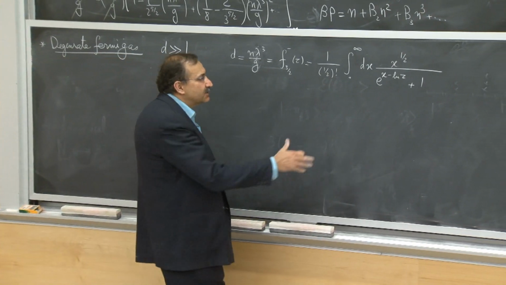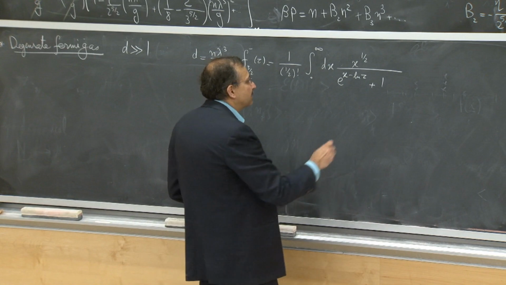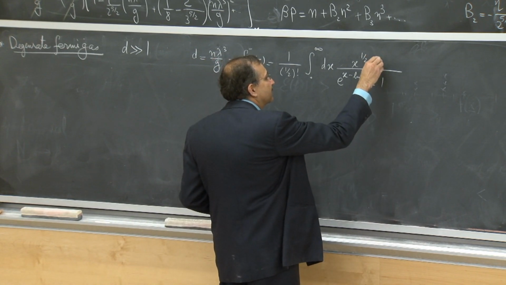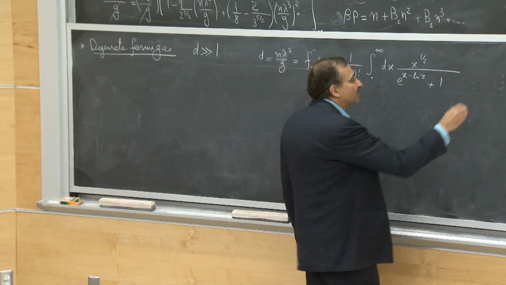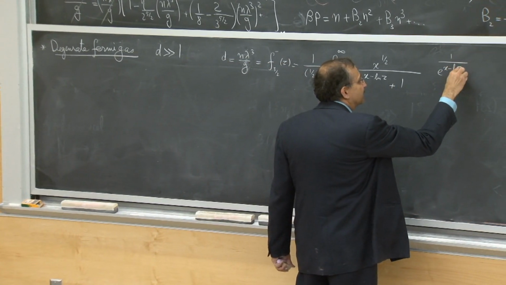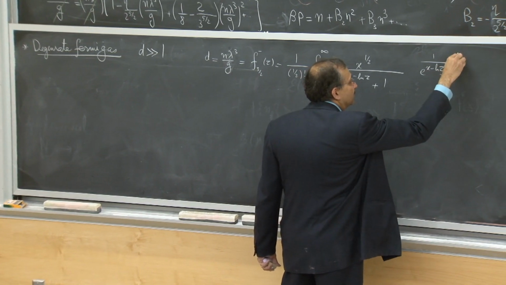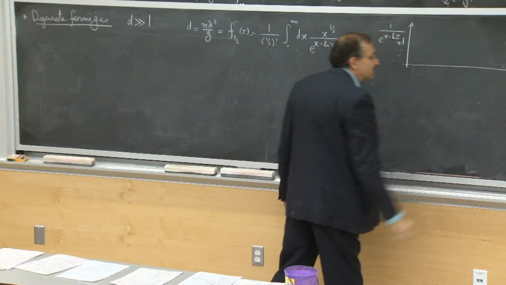Now, essentially, if I look at this function, actually, let's look at the function that is just 1 over e to the x minus log z plus 1 as a function of x.